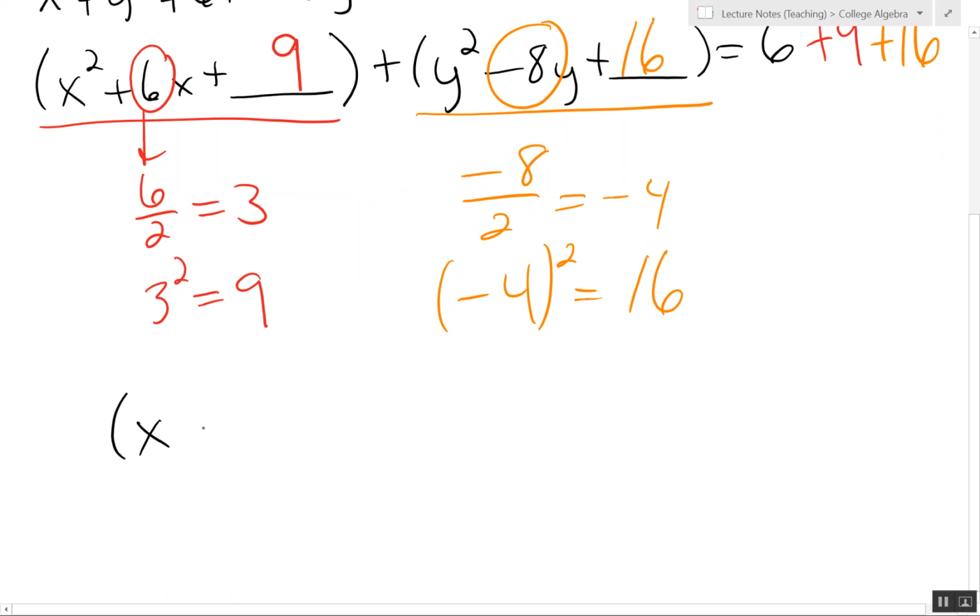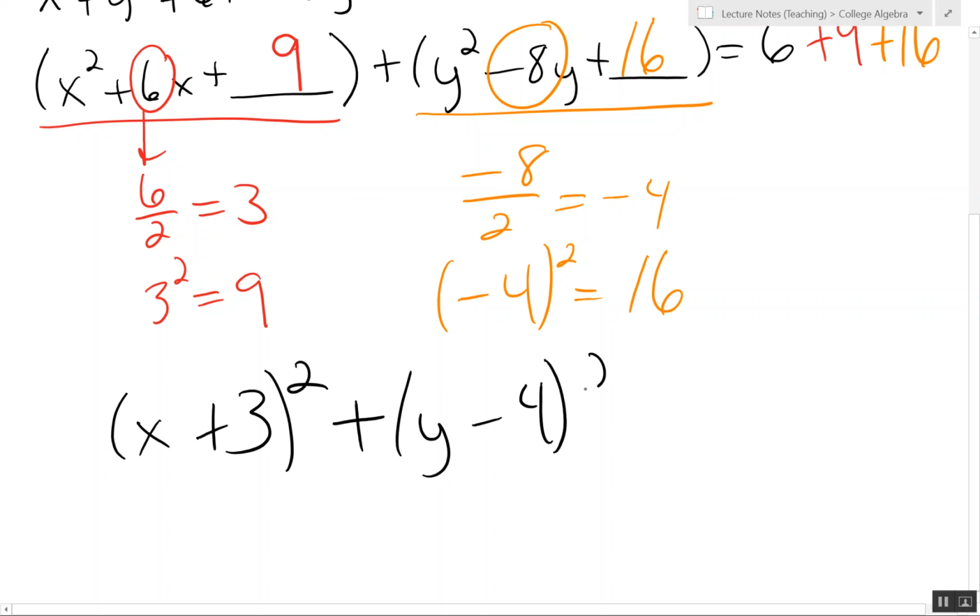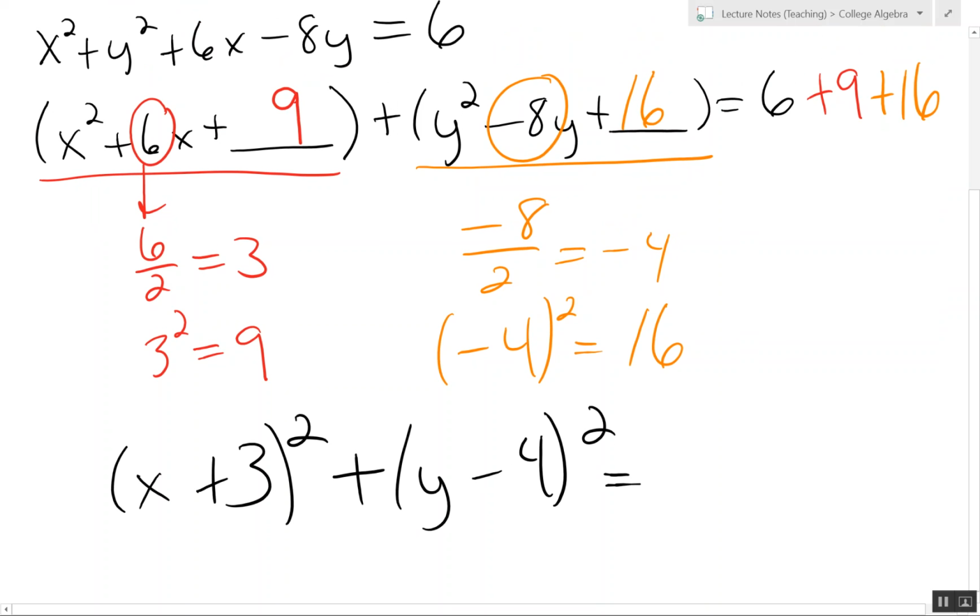So x plus 3 all squared plus y minus 4 all squared is going to equal the sum of all these things. Well, we are going to get 6 and 16, which is going to give us 32, not 32, excuse me, 22, plus 9 gives me 31.